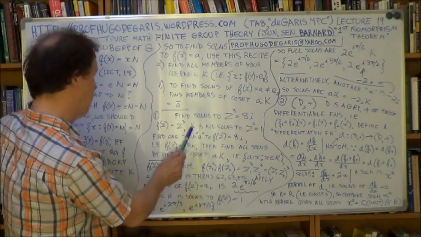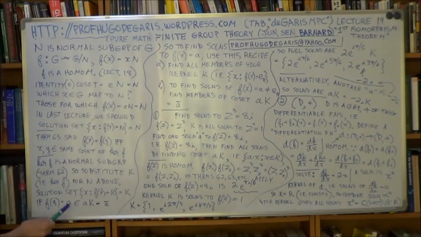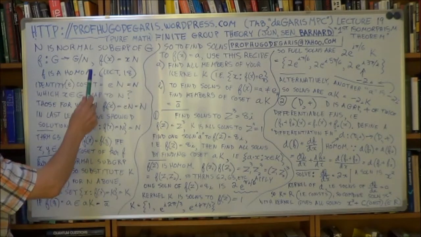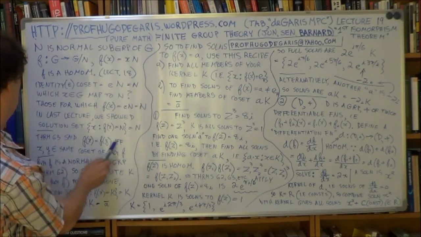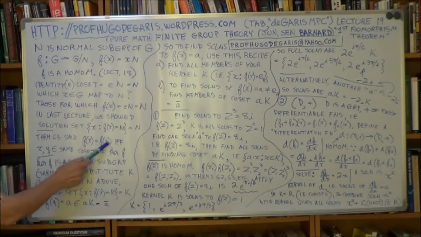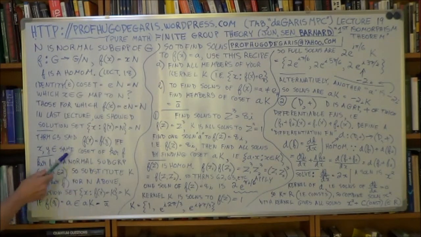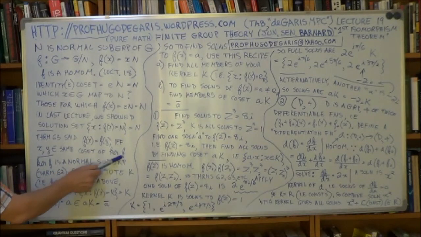And then you found a solution, little a here, which belongs to the coset a kernel. The kernel is the set of all elements mapping to the unit. And that will be a set of solutions, because if all your f of somethings equal a, then by one of the theorems we just did, if you have two elements that map to the same thing, then they belong to the same coset of the kernel.